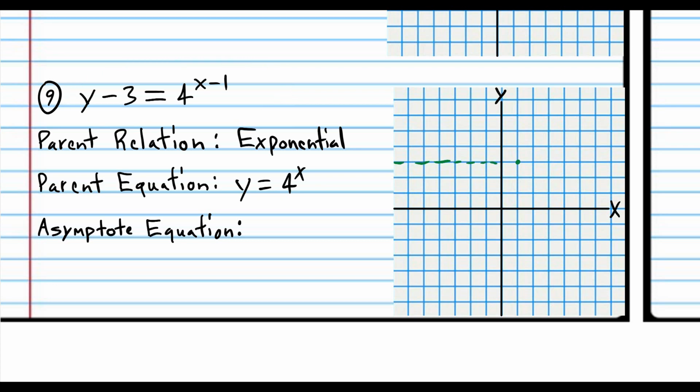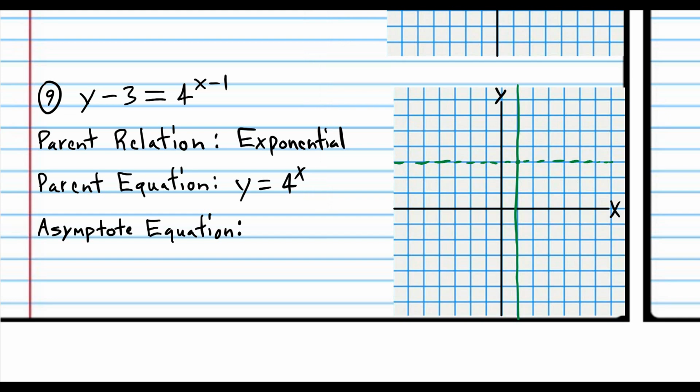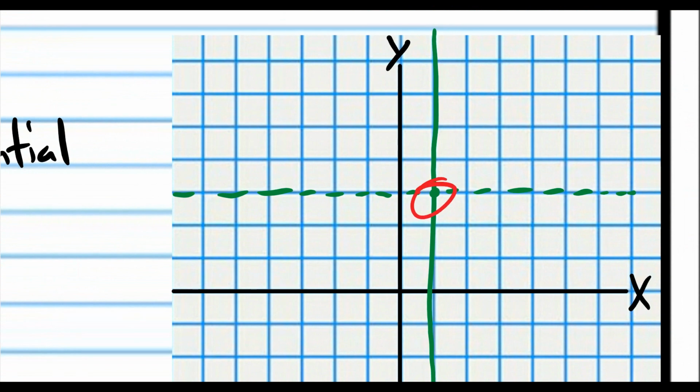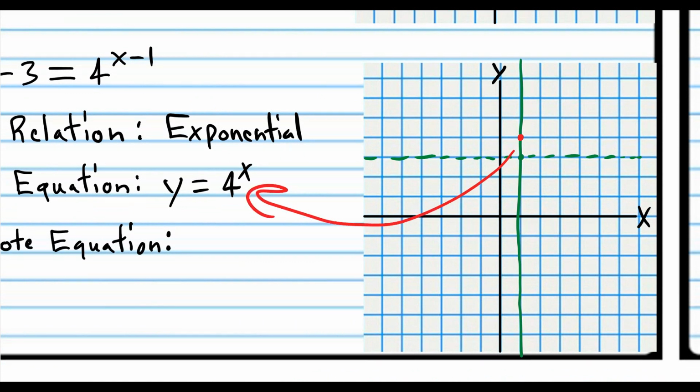Then with the exponential relations, we're always going to draw a horizontal and a temporary vertical through that point. Looking at your library and your table for the exponential relation, if we pretend that this is the origin, 0, 1 is always a point, and then we're going to use our parent equation, plugging in 1 for x, and 4 to the 1 is 4, so out 1 and up 1, 2, 3, 4, and that's about as high as we can go, or else we're going to be outside of our window.